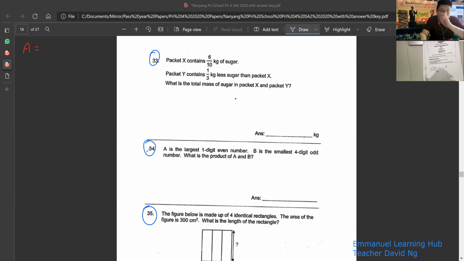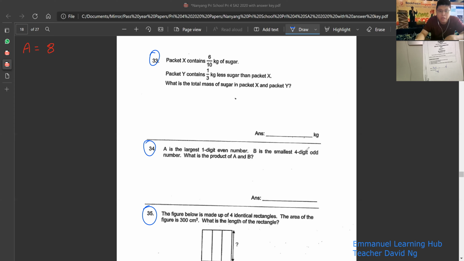You know what is an even number, right? What is an even number? 2, 4, 6, 8, 10. So what is the largest one-digit even number? 8. So A equals 8.